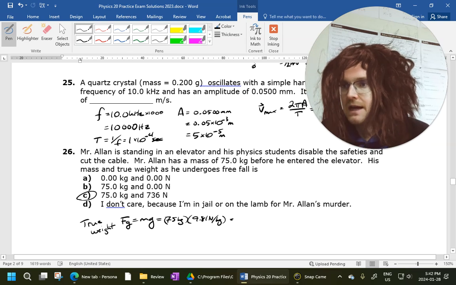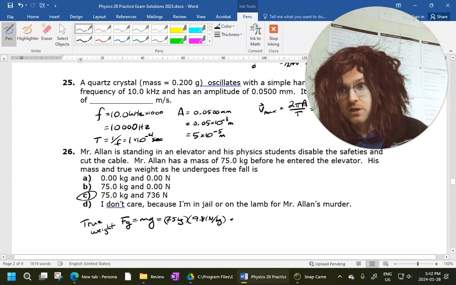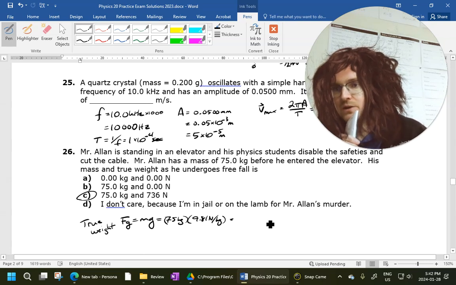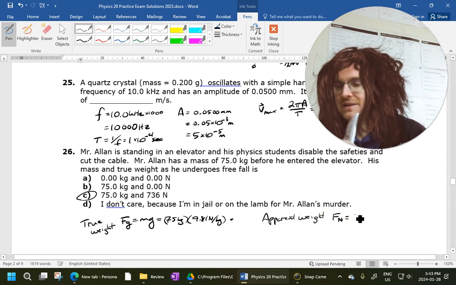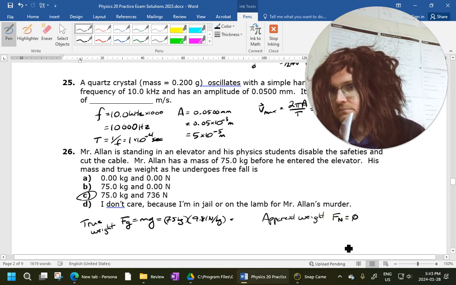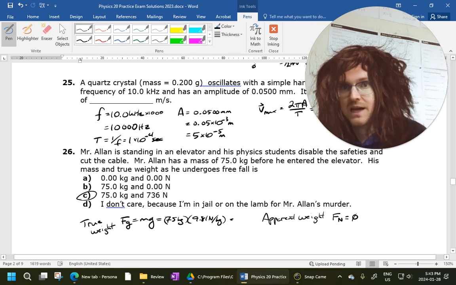And even though I'm free falling, my apparent weight might be zero, right? Because remember, apparent weight might pop up later in one of these questions. My apparent weight is Fn, right? That might be zero. My true weight is always something, even if you have gravity around you.